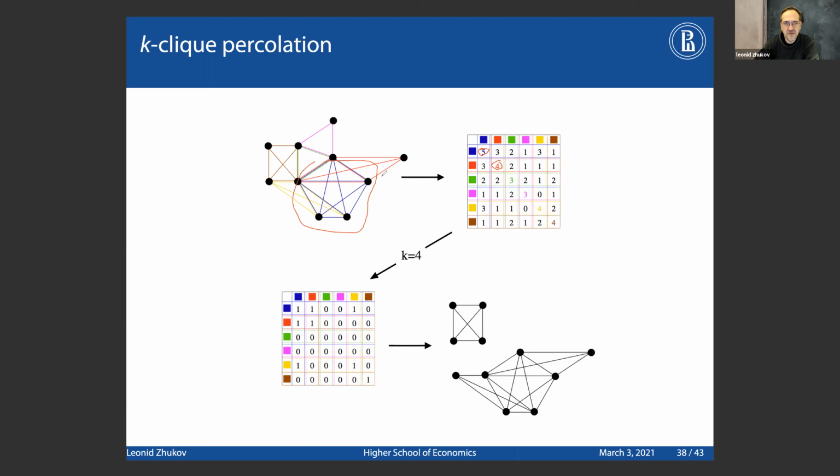The red one is a 4-node clique. Where is it? Sorry, this is the red one, right? And so on, and say the brown one is a 4-node clique. So you detect all those cliques, right? Maximal cliques, and a maximal clique is the largest possible clique for those nodes.